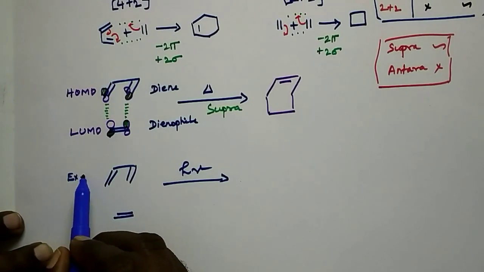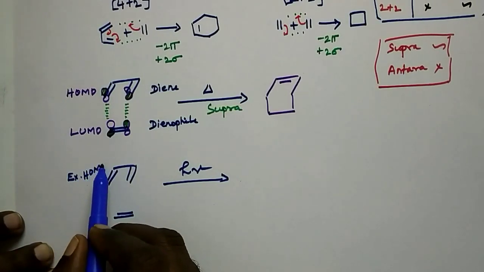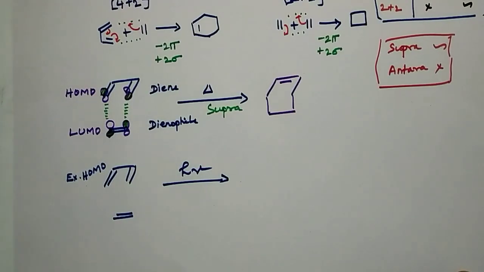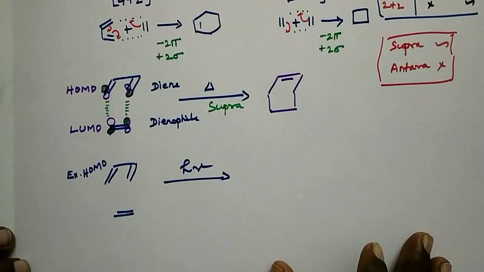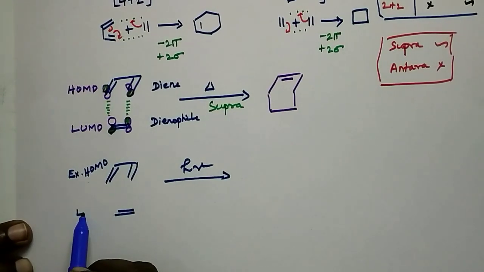Excited HOMO. In the very first video, I think we have discussed HOMO and excited HOMO. When we go for photochemical condition, an electron from HOMO is excited to the next one, and the next one becomes HOMO. So we call it excited HOMO, and this one as usual LUMO.